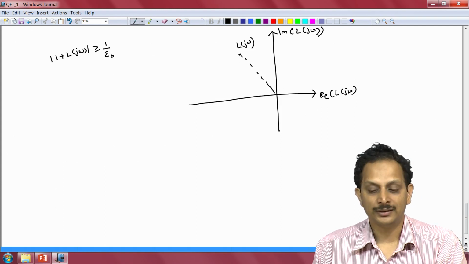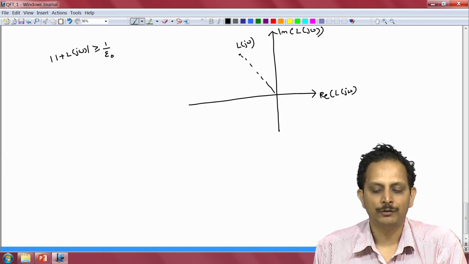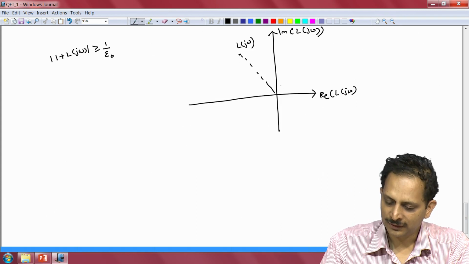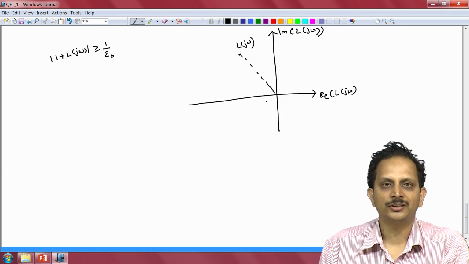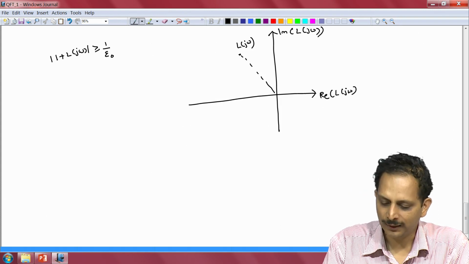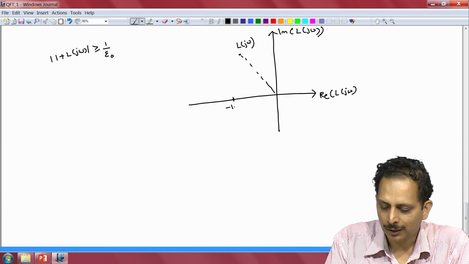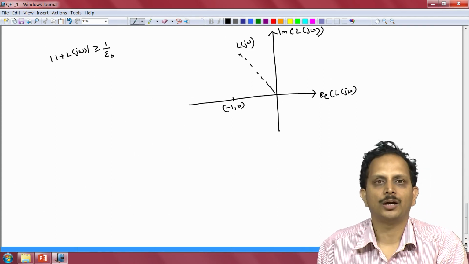This problem, however, goes away when we use the Nyquist plot, because if this dotted line represents a complex number L of j omega, we know that the critical point in the Nyquist plot is the point -1, 0.